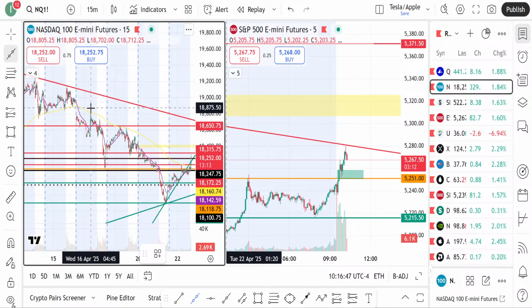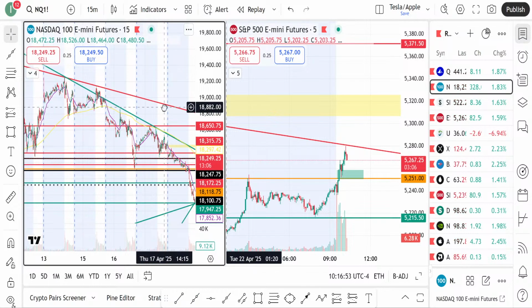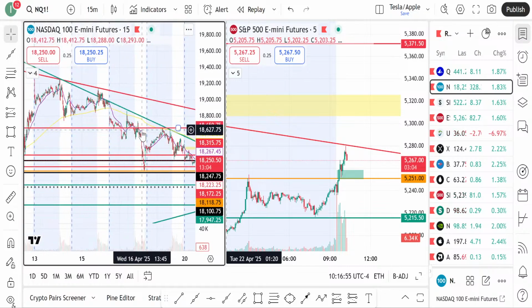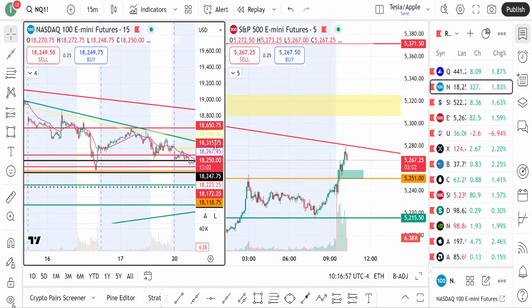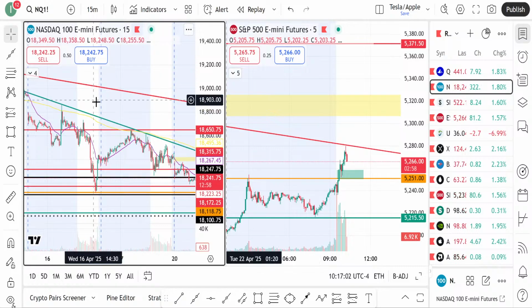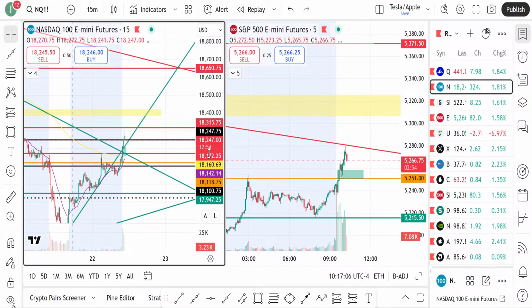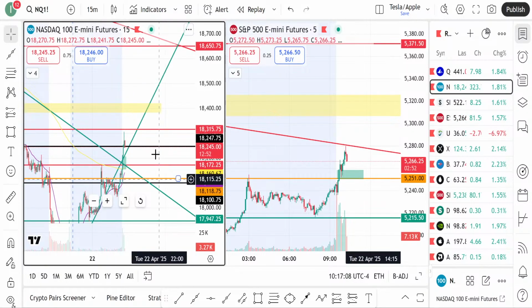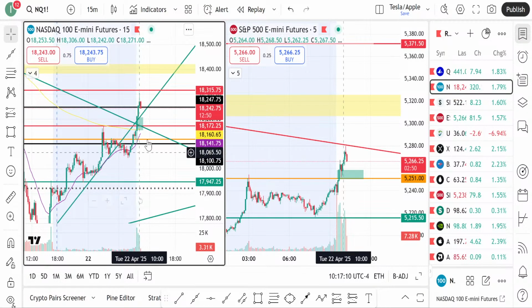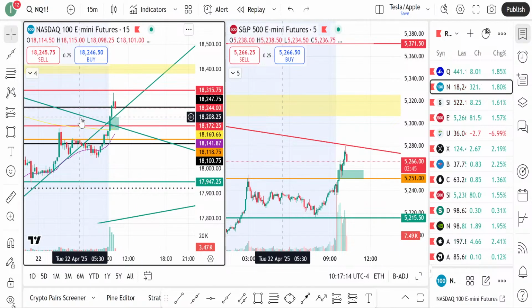Seeing that there could be another trend line here. Well, we obviously broke right through that, so let's just take that off. We don't need that anymore.